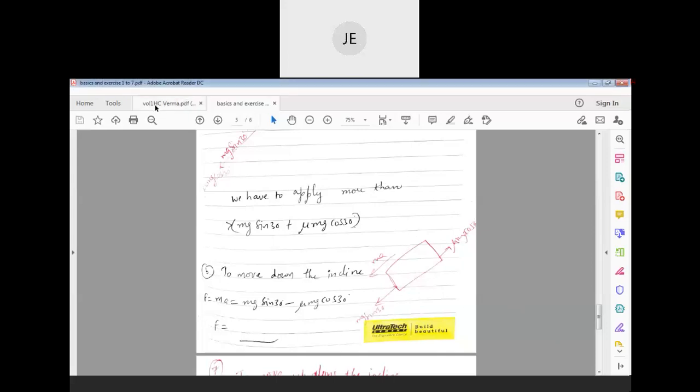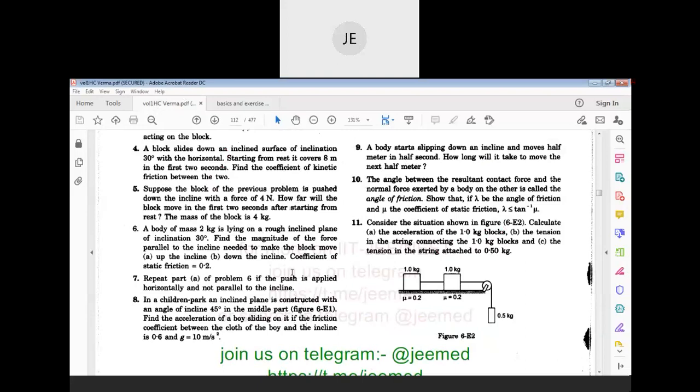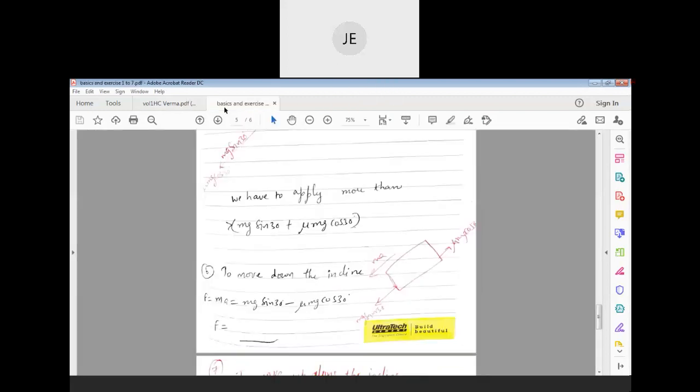Next question. Repeat part A of problem 6. Part A means the body has to move upwards, and the push is applied horizontally and not parallel to the incline. So in the sixth problem, we did along the incline how much force we have to apply to move the body upwards.